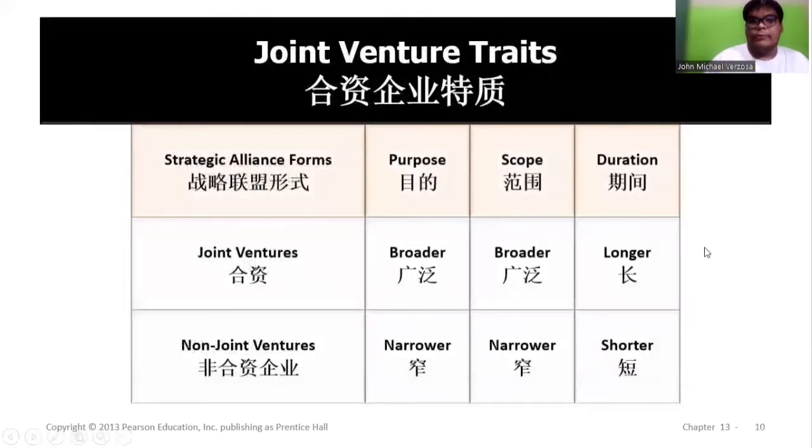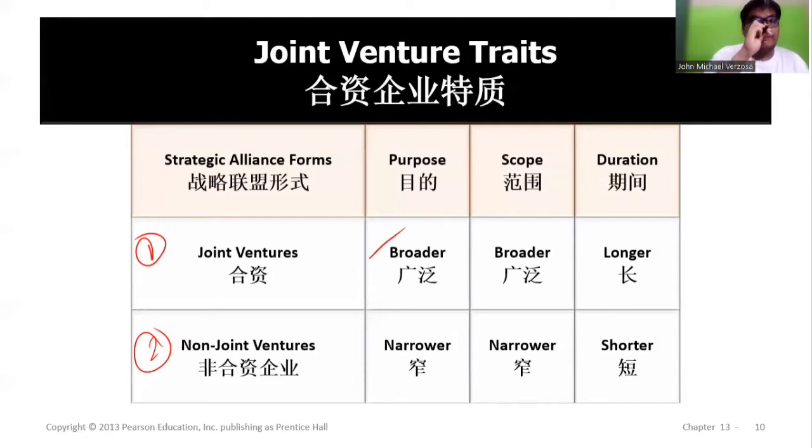So now for the joint venture traits, you have the joint venture and the non-joint venture. You can see the purpose, scope, and the duration. Okay, so the joint venture has a broader purpose. There are many things to accomplish.